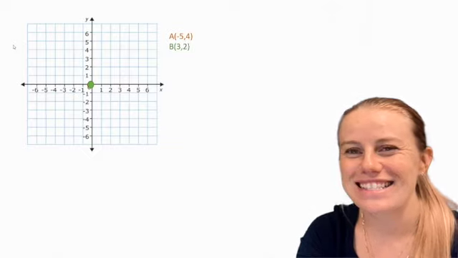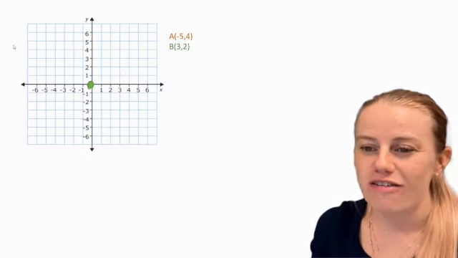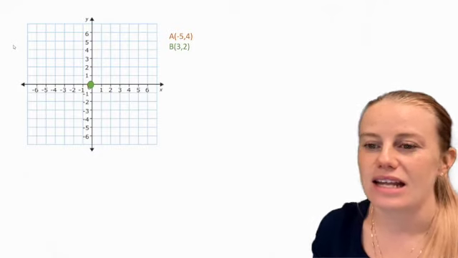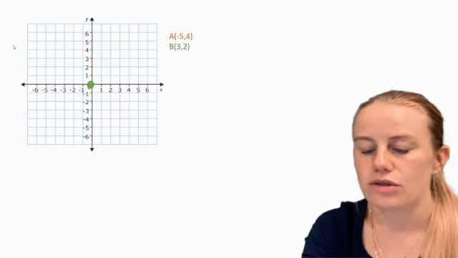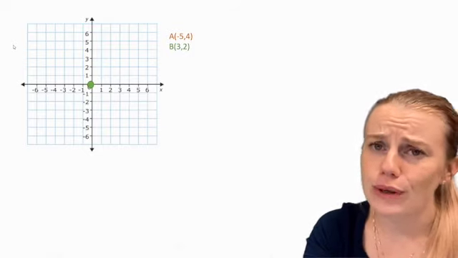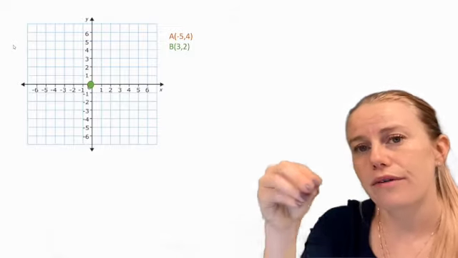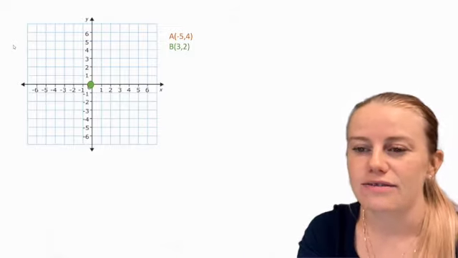Oh man. All right. Let's look at this example. Let's plot these 2 points that form our first line. We've got A at -5, 4, and B at 3, 2. Remember, when you're plotting points on our graph, you go X, Y. So our X for A is -5, 4.